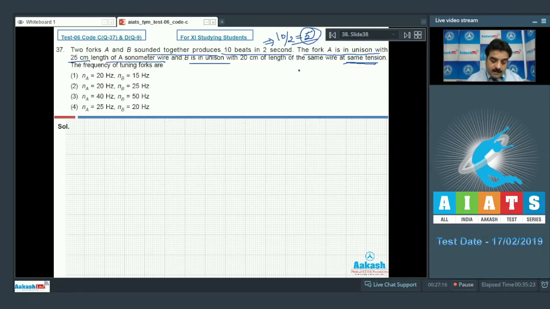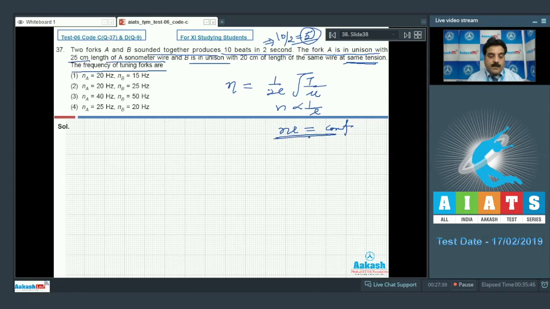At same tension, the frequencies of the tuning forks are. So I know the formula N equals 1 upon 2L root of T by mu. Tension and mu are constant, so I can write N inversely proportional to L, or N into L is equal to constant. So that is a very good point.